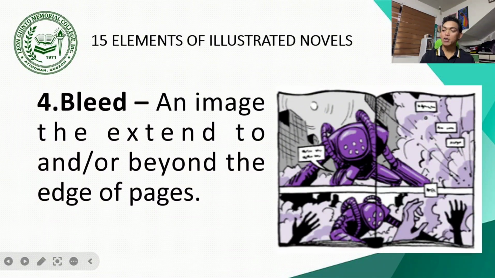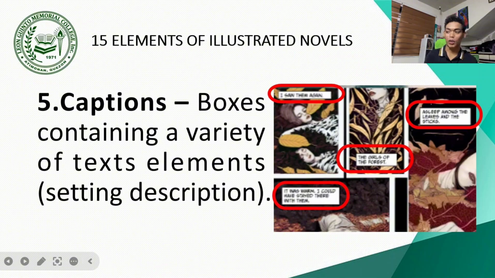Now let's go to the fifth one, which is the caption. A caption is a box containing a variety of text elements, settings, or description. I already encircled the text elements and the settings description. So that is the example of caption.